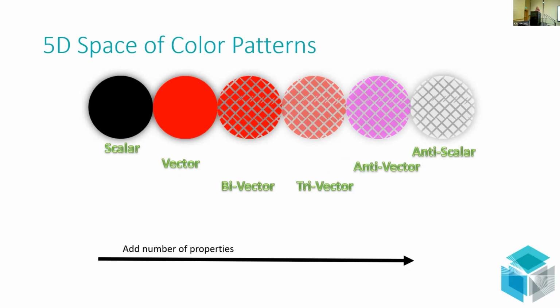The 0-dimensional object is like a scalar, just black. We have 1 color, we have a vector. A bivector is a color plus a pattern property, the texture property. If it's transparent, it's a trivector. It has 3 properties. If you're adding another color, it's an antivector. It's a 4-dimensional hypervolume. If it's all together, like a transparent white textured volume, it's an antiscalar in 5D.